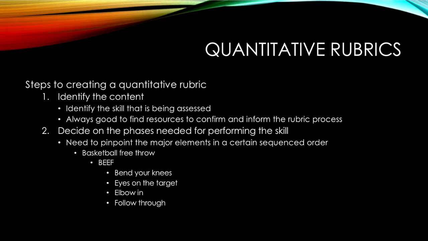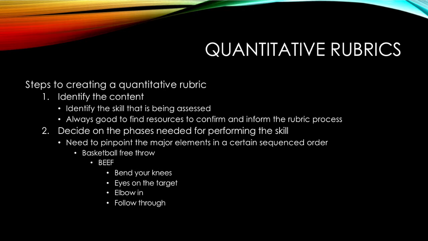It's always good to find resources to confirm and inform the rubric process. So this should not be something that is just from the top of your head, oh, I think that this is how basketball should be done. There's resources and books out there. I know that we were talking last week about keeping your books if you stayed after for the MTTC review.